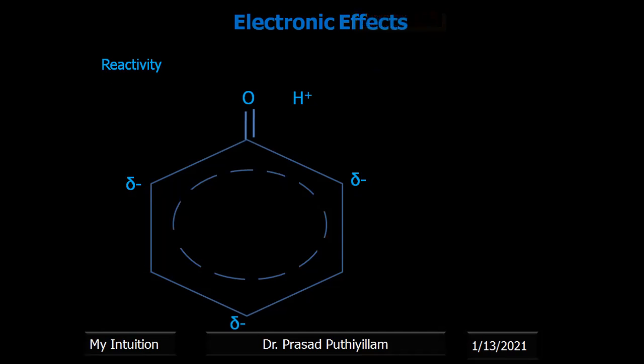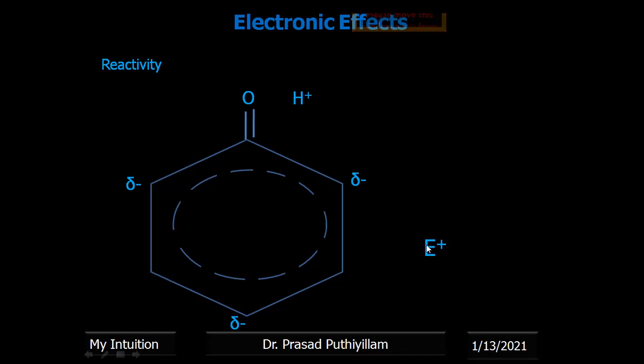The reactivity of phenol can also be explained with the same resonance structures. The ortho and para positions: these two are the ortho positions, and the last one is the para position. The reaction towards an electrophile can be explained with resonance stabilization.